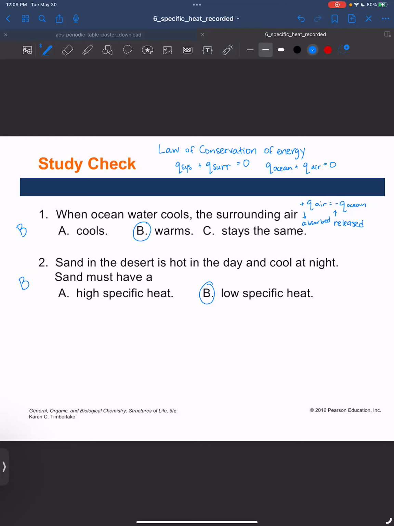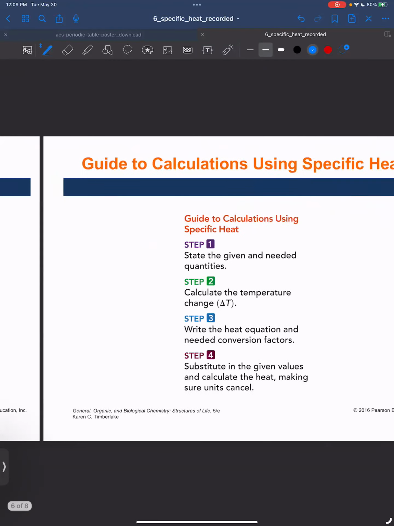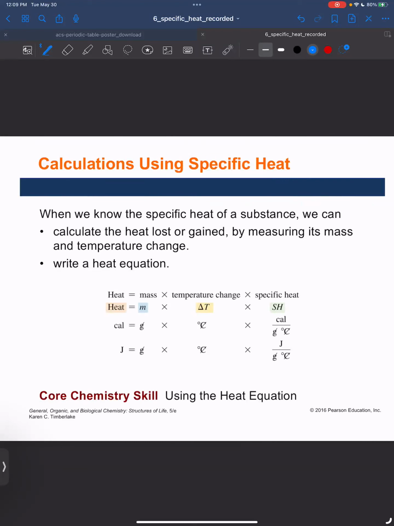All right, let's do some calculations with specific heat. When we know the specific heat of a substance, we can calculate the heat lost, remember that's heat energy Q, lost or gained, by measuring its mass and temperature change, TF minus TI. And we will use the heat equation to help us.